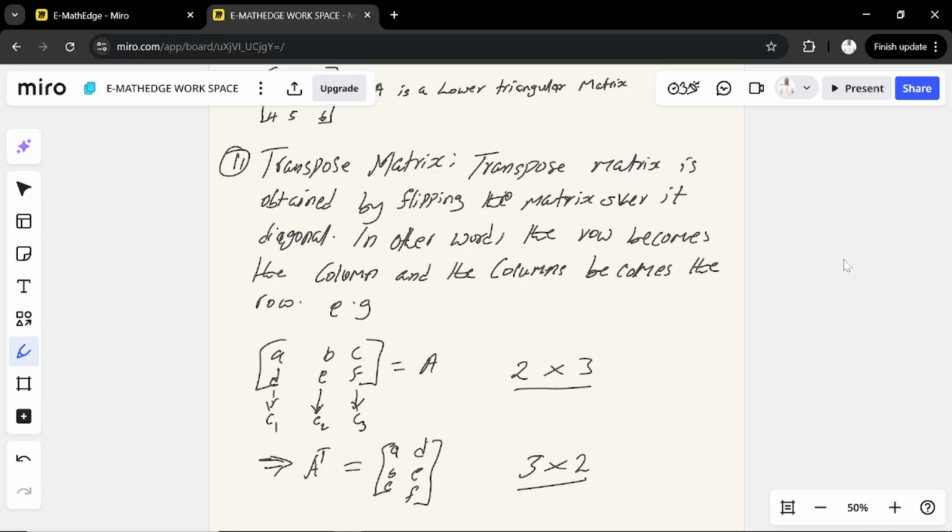So that is that about transpose. It's all about flipping the matrix over the diagonal. In other words, the row becomes the column and the columns become the row. The first row becomes the first column and the second row becomes the second column.